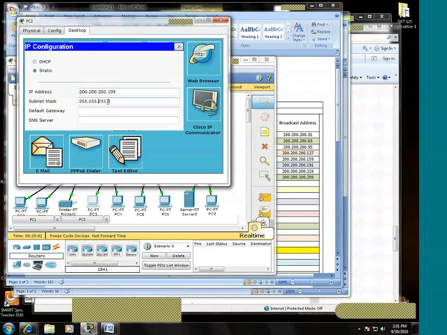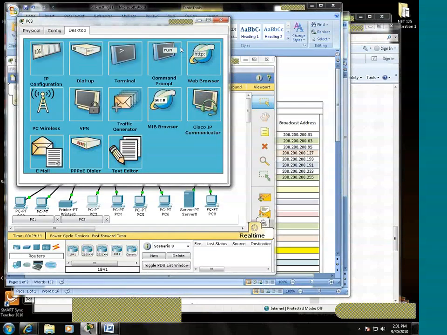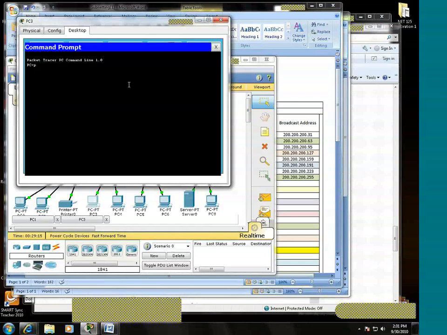Can I use 195? Yeah, it's within the range. What's the default gateway address? 193. Let's do a connectivity test. Good to go.